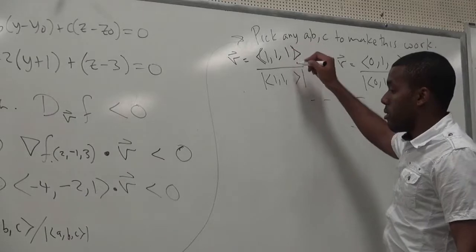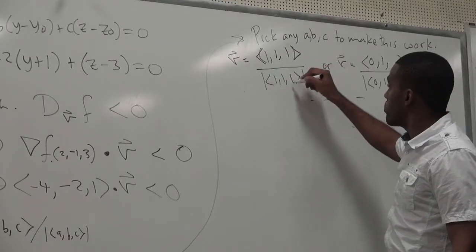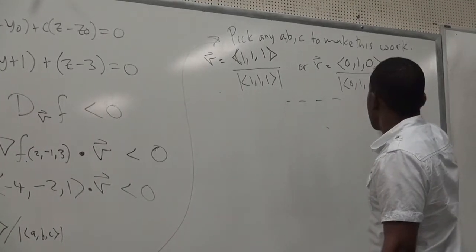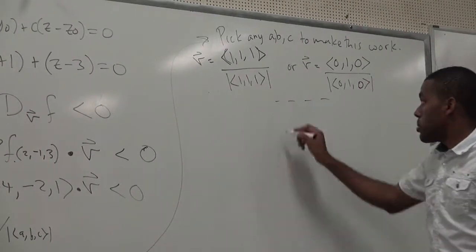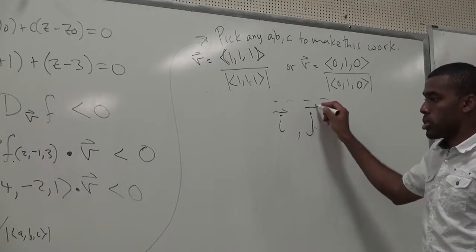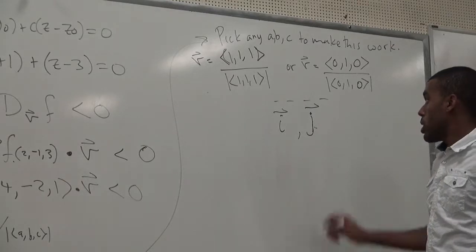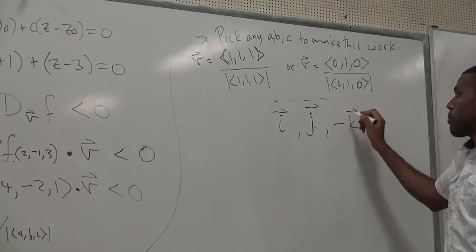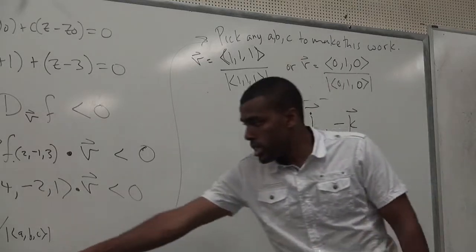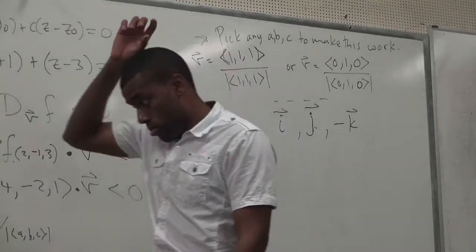So (1, 1, 1) would work. The vector j would also work. The vector minus k would work. So you pretty much plug in any (a, b, c) that makes this inequality true.